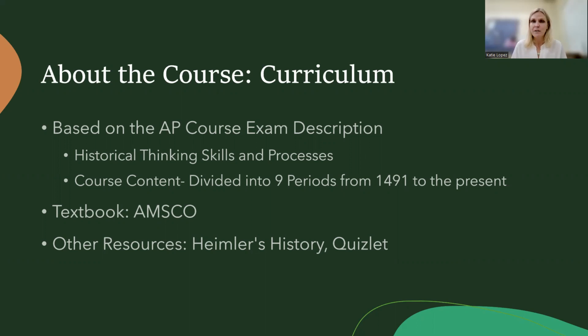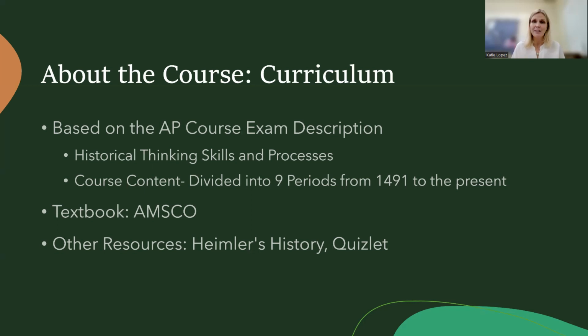The textbook that we're using is AMSCO. I've posted that on Schoology as well. It is a test prep book, and given the amount of time that we have together, it serves us well because it is very streamlined, straight to the point.